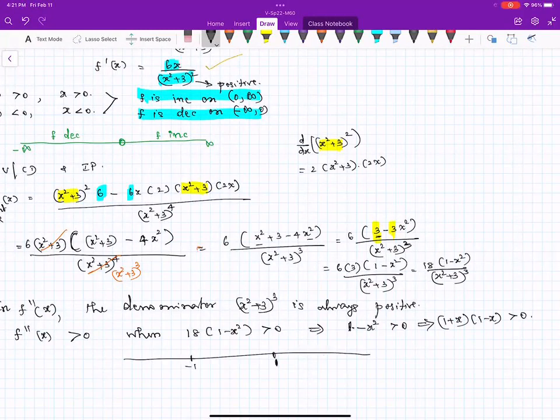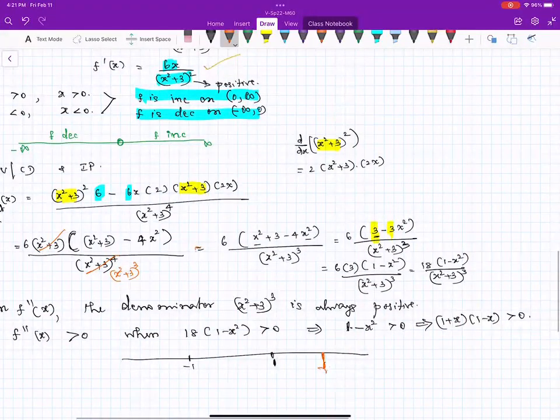If I give a value to the right of 1, let's say x equal to 2, as a test point, then if I plug into 1 plus x times 1 minus x, it will be 1 plus 2 times 1 minus 2. 1 plus 2 is 3, positive. 1 minus 2 is negative. So here, f double prime x is actually negative in this interval.